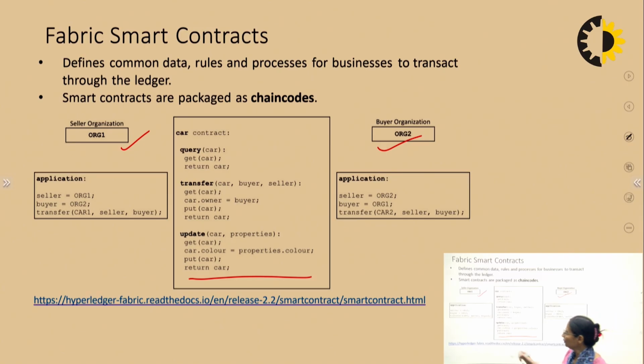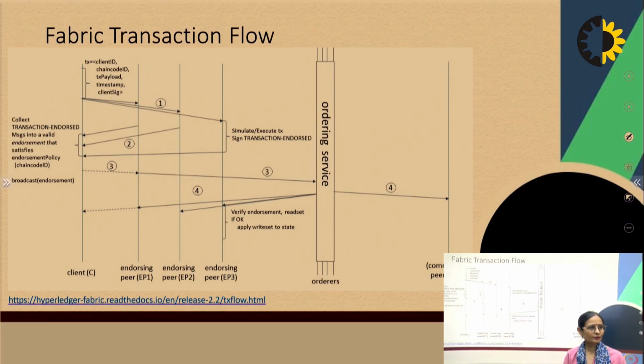If I go with organization 1, in the application, the seller is organization 1 and the buyer is organization 2, and there is a transfer of car 1 from seller to buyer, and this transfer is being written here. Similarly, both of these can interact with the chain code by using their own system calls.